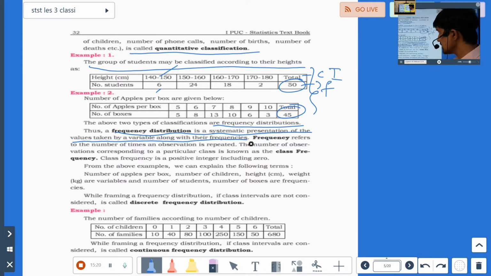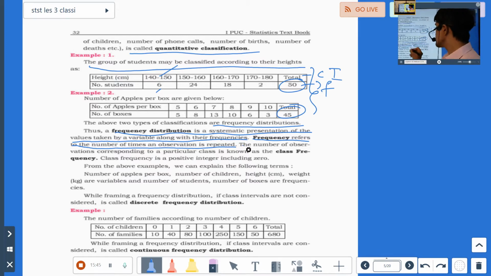And what do you mean by frequency? Frequency refers to the number of times an observation is repeated.